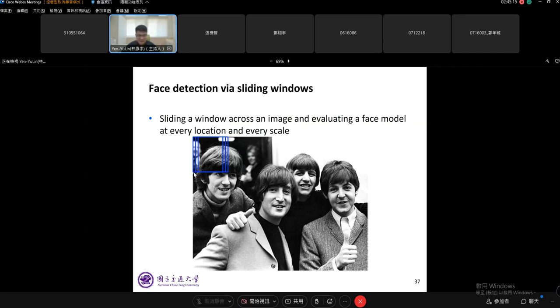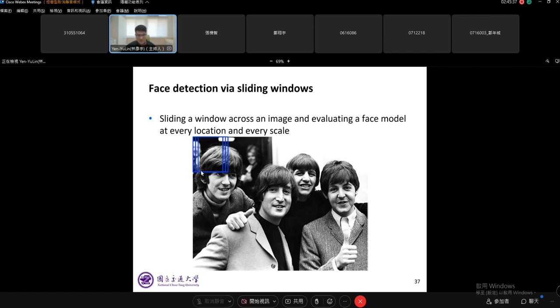After carrying out binary classification on this window, we slightly shift the window toward the right-hand side, so we get the second window. We apply the same procedure to determine if the second window is face or non-face.